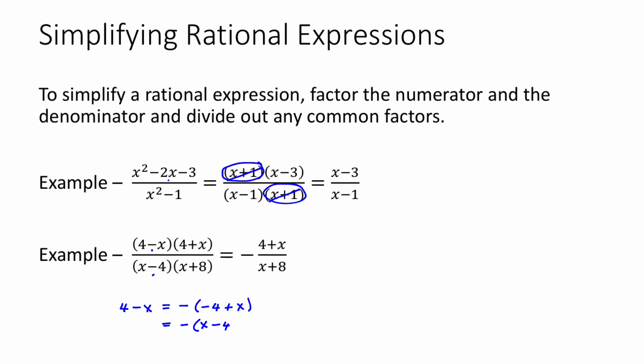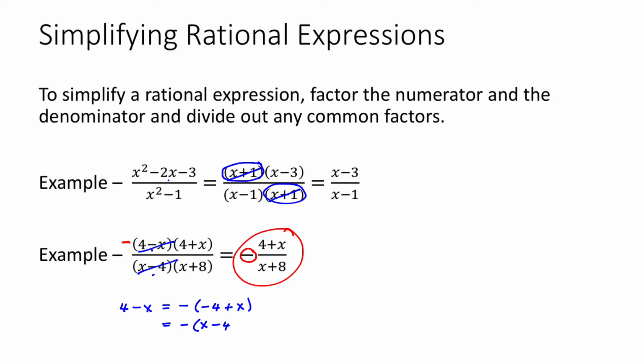So what I can do here is cancel these. They're not equal to each other, so they don't cancel to 1, but they do cancel to negative 1. So when I cancel those out, I'm going to put a negative in. That's this negative here, and then we have the 4 plus x over x plus 8. So the final thing is negative 4 plus x over x plus 8.